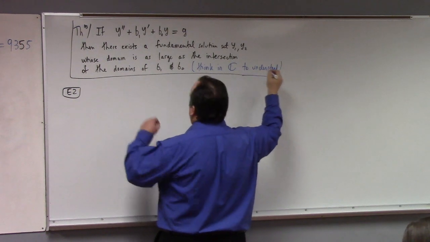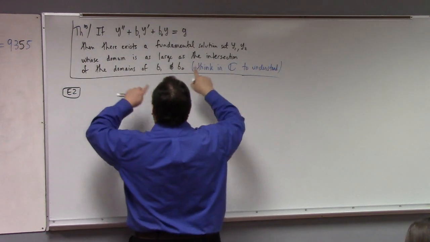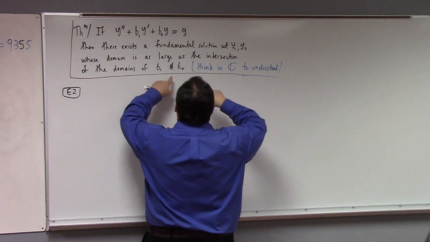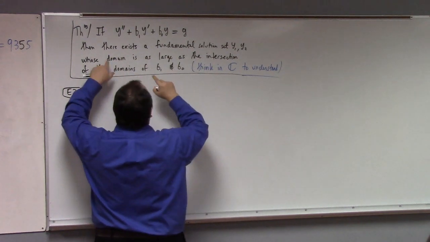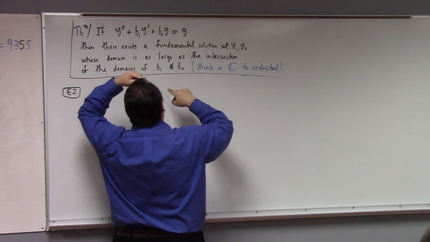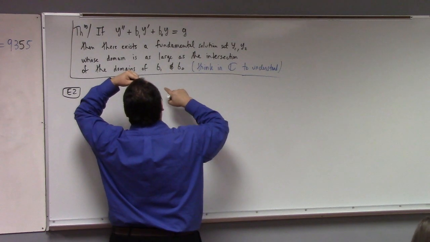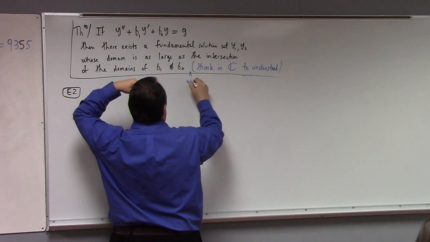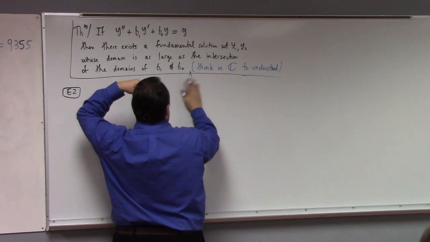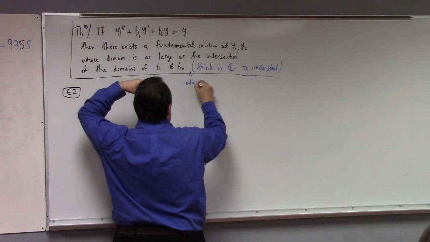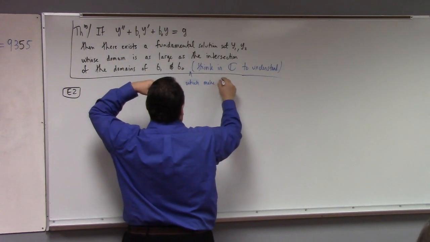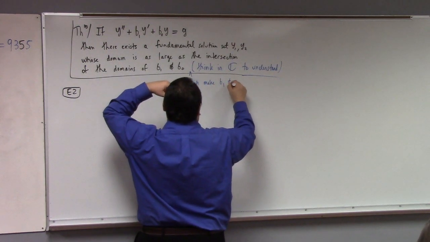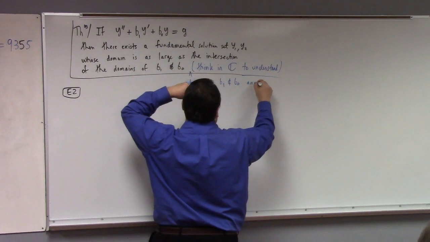And intersection of the domains of B, I should say, there's a little bit more here, which, let me say it this way, which make B1 and B0 analytic.